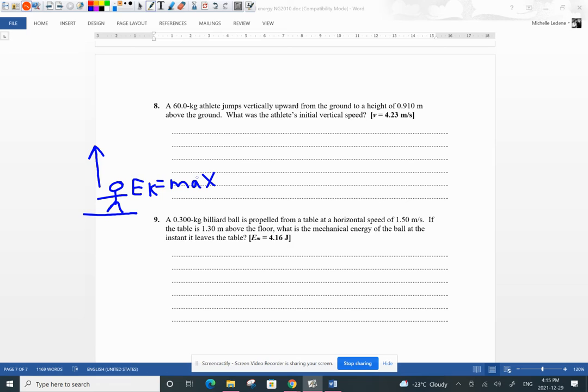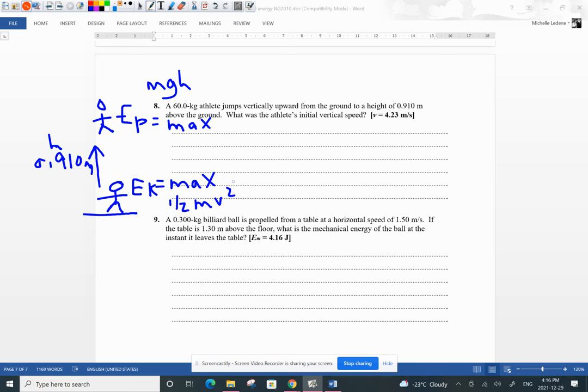They're moving, right? And then once the athlete gets to the top and they're 0.910 meters higher than the ground, now they're reaching the maximum potential energy. Okay, and so we know that's mgh, and the kinetic is 1/2 mv squared.